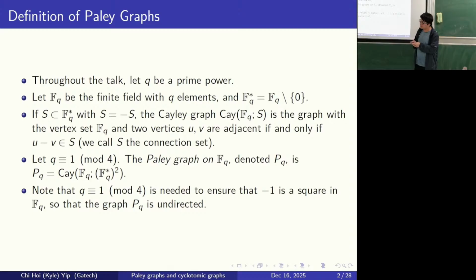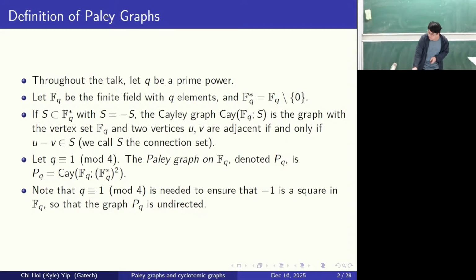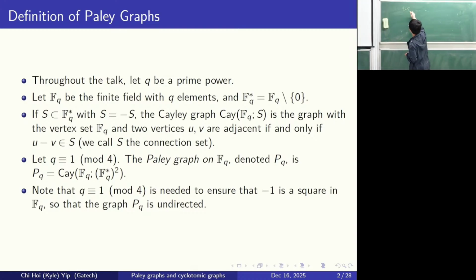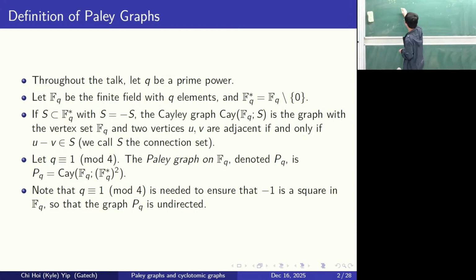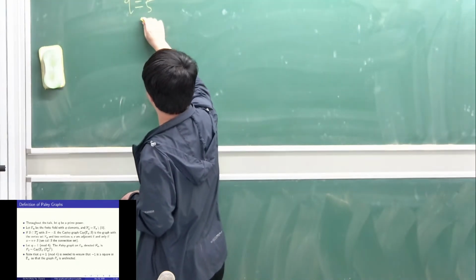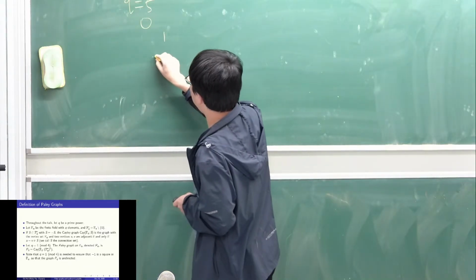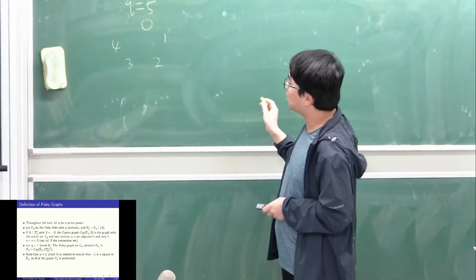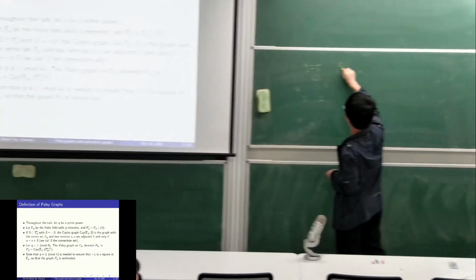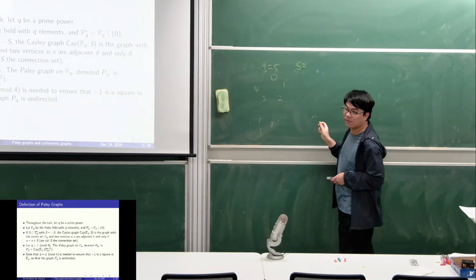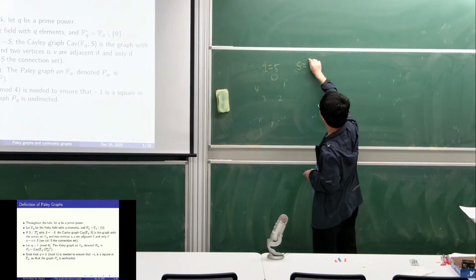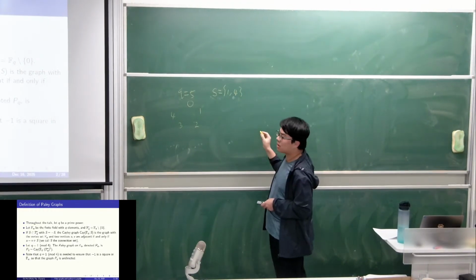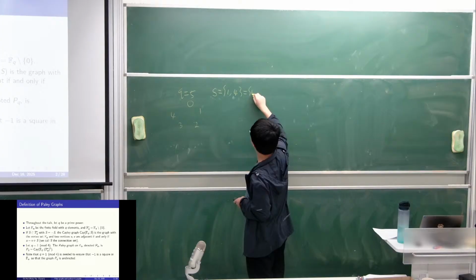Okay. So for example, let's consider the case q equal to 5. Let's consider the 5 elements 0, 1, 2, 3, 4. We consider the set of squares modulo 5. You can check that the squares are just given by 1 and 4, and this is the same as 1 and minus 1.